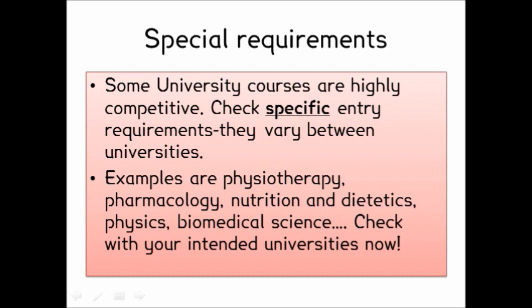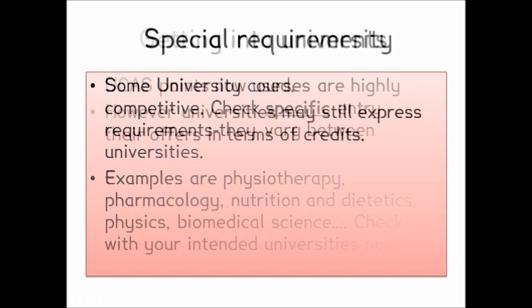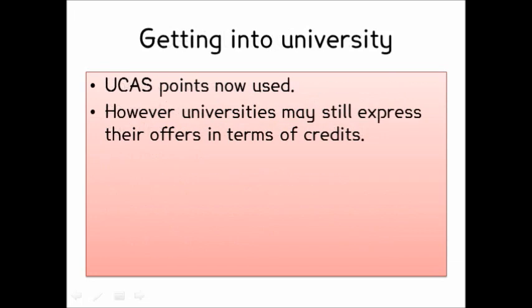Check with those universities now and make sure that what you're doing is what they're looking for, and also to give you an idea of what you need to aim for in terms of your actual achievement, in terms of merits and distinctions.